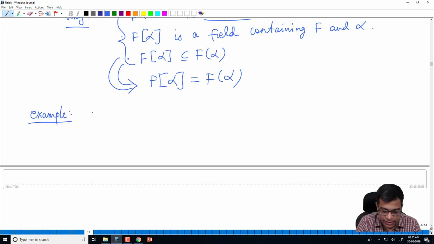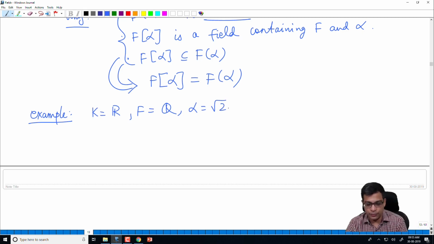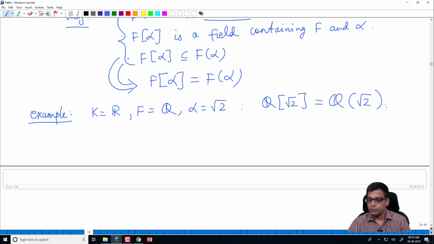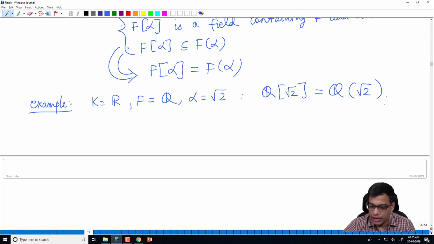Okay, so take again K to be R, F to be Q. I am going to do this simple example often to illustrate the various concepts that we are doing. So what we are now claiming is that Q square bracket root 2 is equal to Q round bracket root 2. Let's see what happens. Why is this? On the face of it, Q round bracket root 2 clearly contains more elements than Q square bracket root 2.